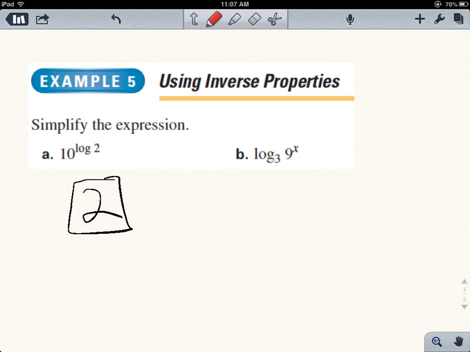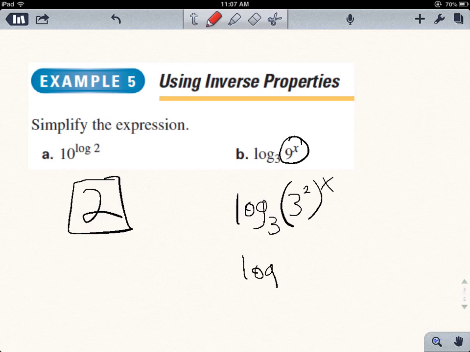Okay. When you have something like this here, log base 3 of 9 to the x, what you need to see is that 9 is really 3 squared. So 9 is 3 squared to the x, and you have log base 3 of 3 squared to the x, or log base 3 of 3 to the 2x.